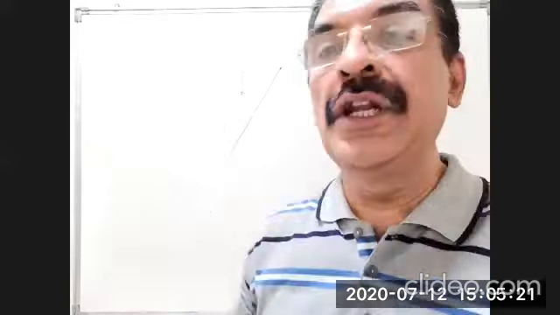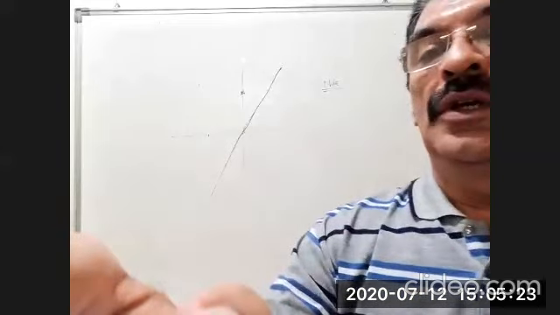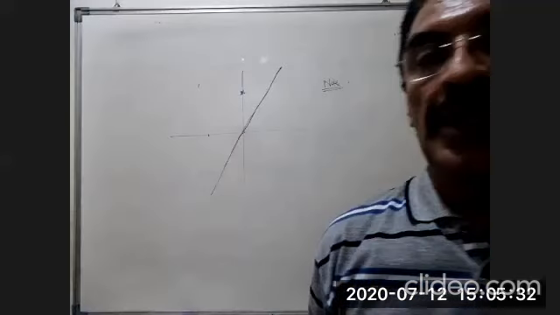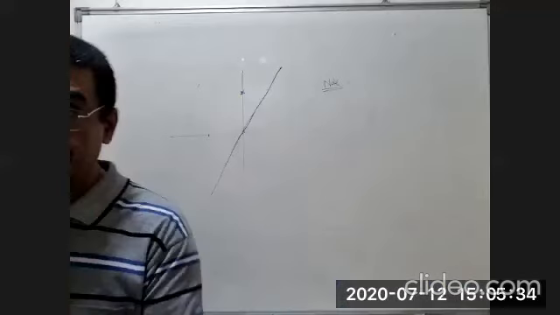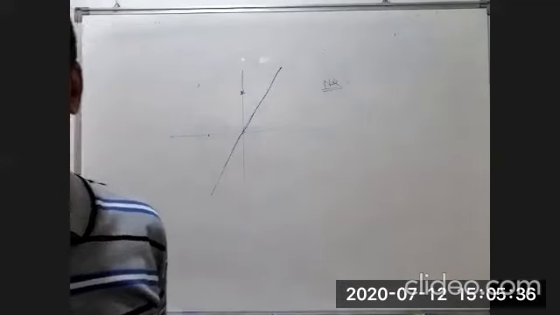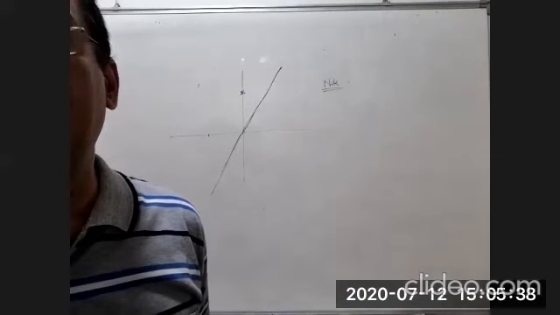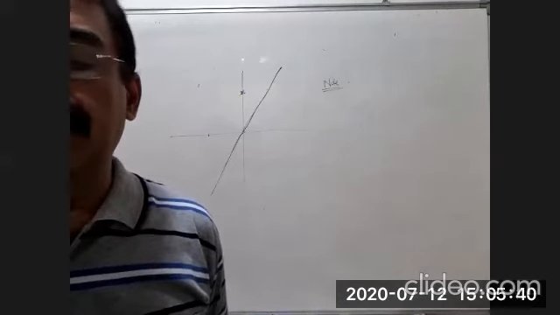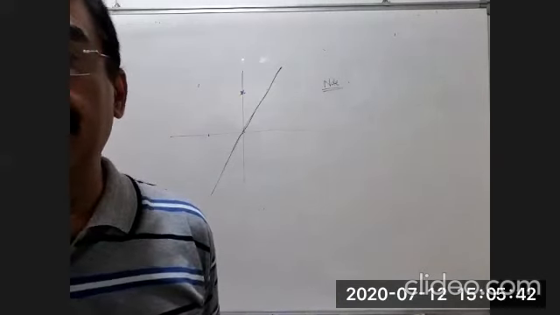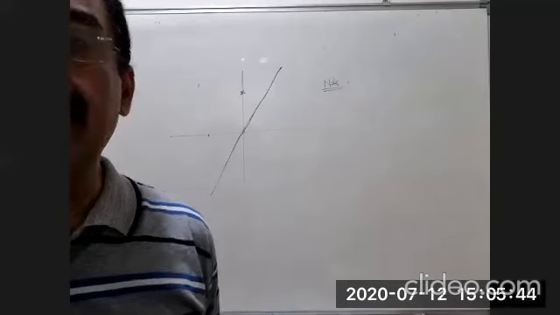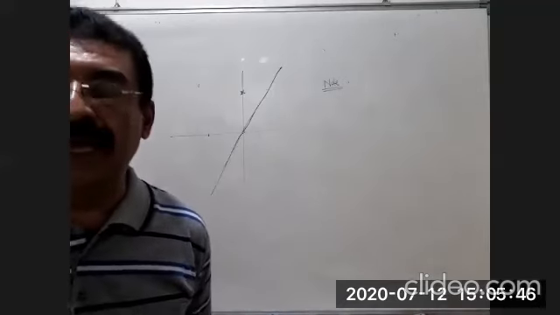If the inequality is true, shade the half plane containing that point. I repeat, if the line is passing through the origin, take a point on one of the axes.